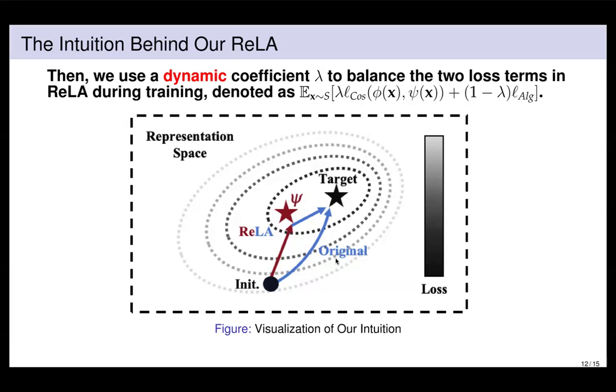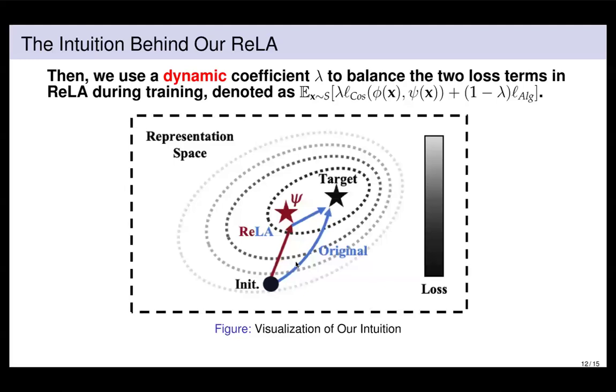For example, in this figure, you can see that if we randomly initialize a model, it should be located on the edge of the representation space and would be far from the target model. So if we directly use the original training algorithm, it will approach the target slowly.